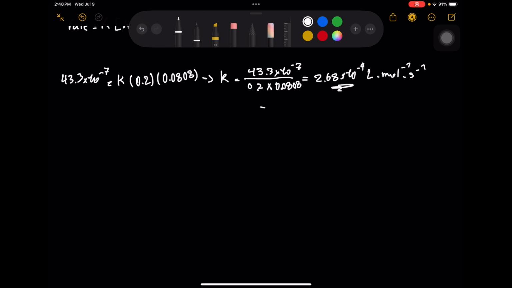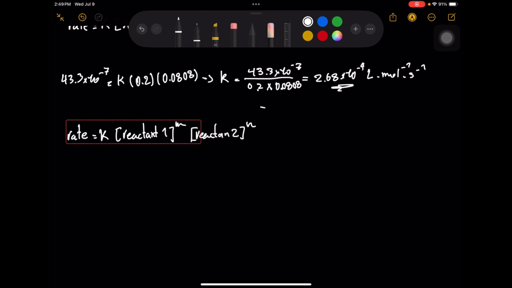The rate laws for most reactions have the general form: rate is equal to k times [reactant 1] to the power of m, where m is the exponent, times [reactant 2] to the power of n. The exponents m and n are called reaction orders, and the sum of the exponents, m plus n, is the overall reaction order.